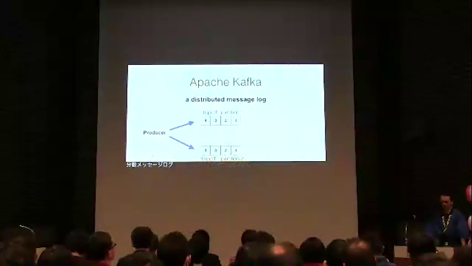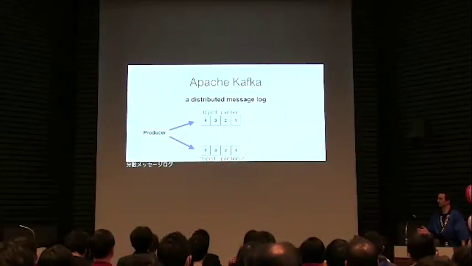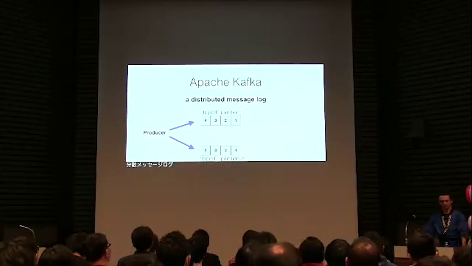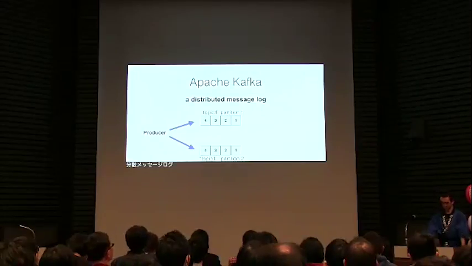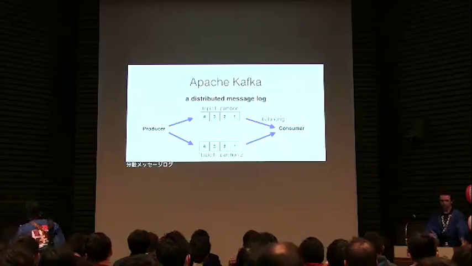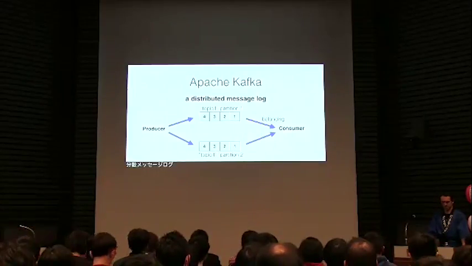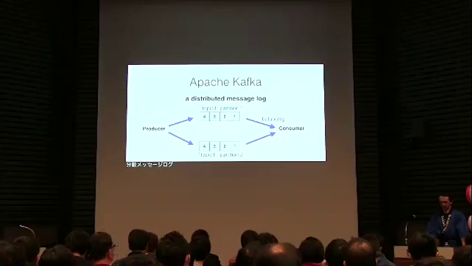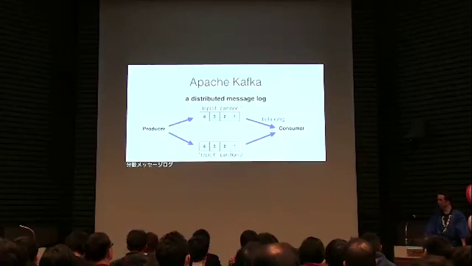Okay, partitions are like two halves, for example, of one single message log. And in case there's only one consumer, the Kafka cluster will send messages from all partitions to this consumer.